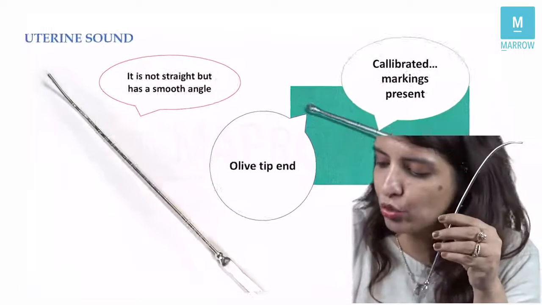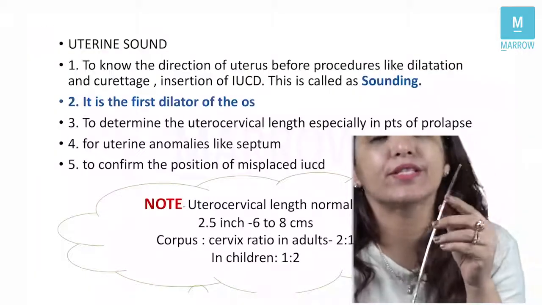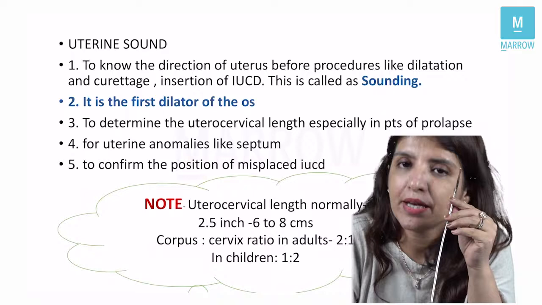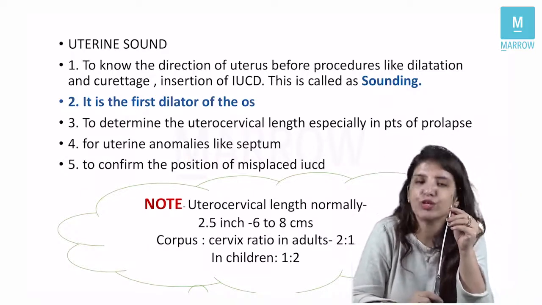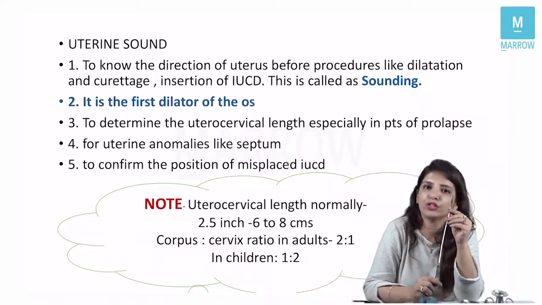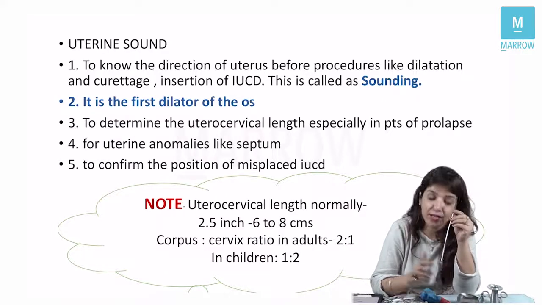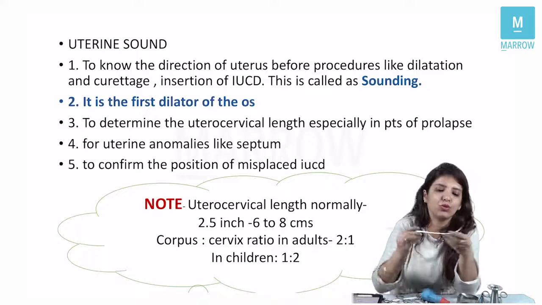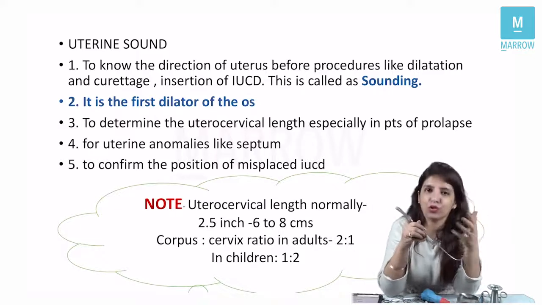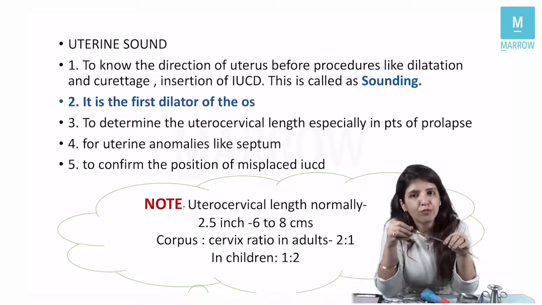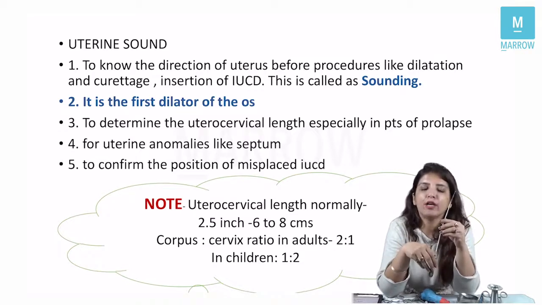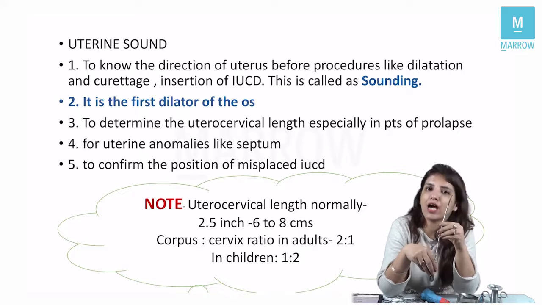Now, there are 2 purposes which this uterine sound fulfills. Number 1, it tells you the uterocervical length. Number 2, it tells you the direction of the uterus. When you put the sound inside to know either of these, this is called sounding, right? Apart from this, a uterine sound can help you locate a misplaced IUCD.